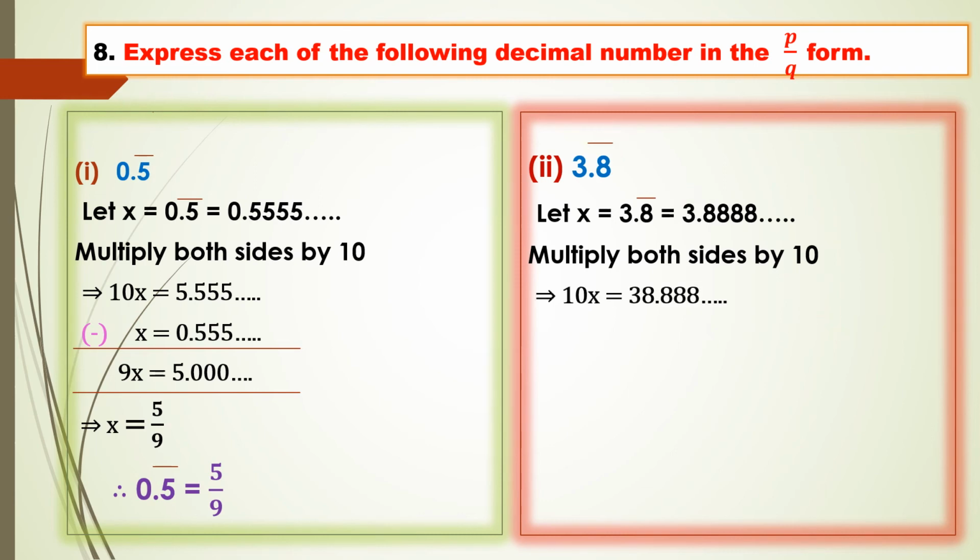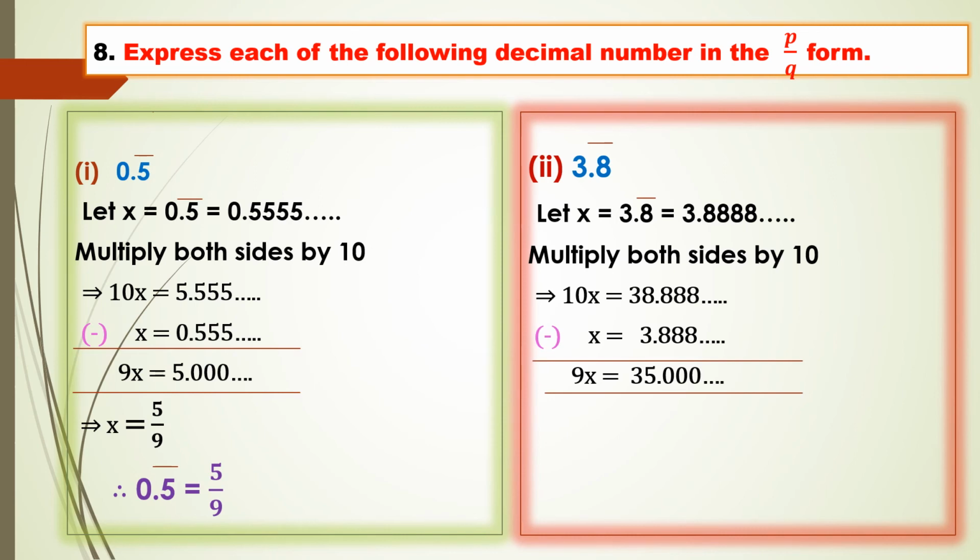So 10x equal to 38 point. The only thing which changes is, depending on the number of zeros, that many after-decimal digits go before the decimal. So 1 0, so 1 eight went in front of the decimal. Clear?